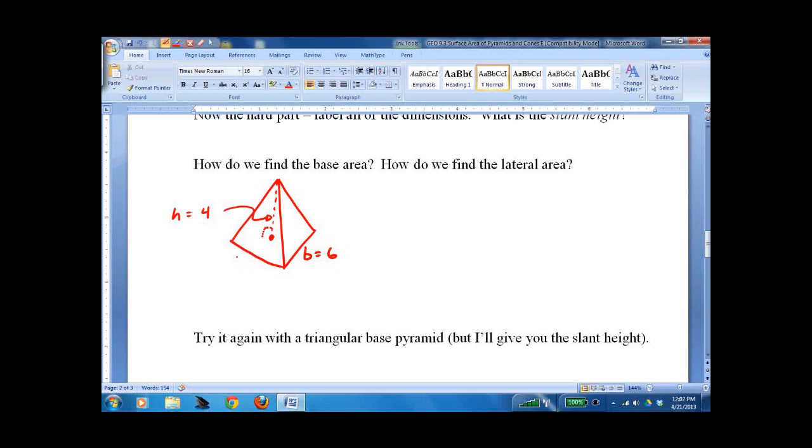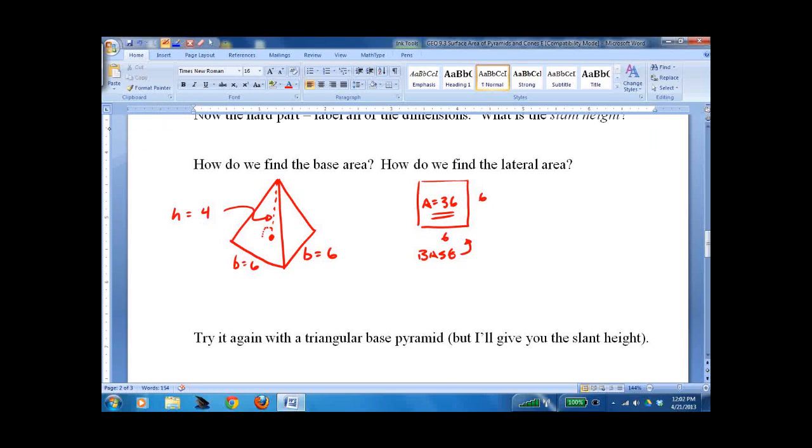I'm going to also say this base edge is 6. So the base is just a square, 6 by 6, then the area is 36 units squared. I'm not going to write in the units squared, just keep life simple.